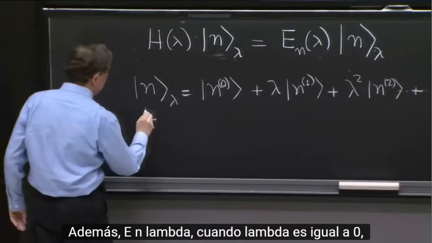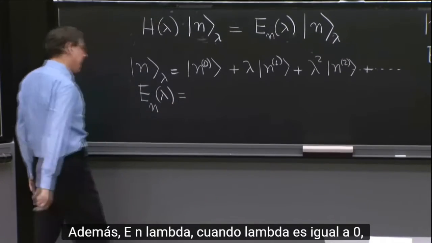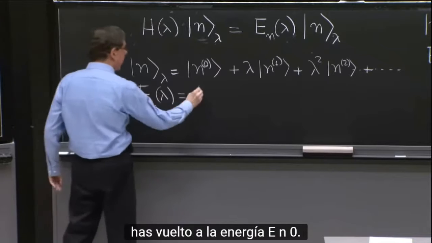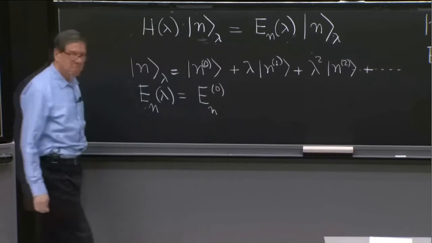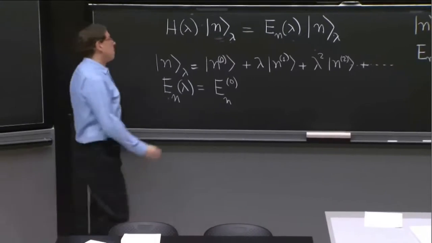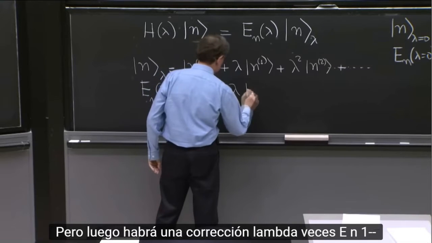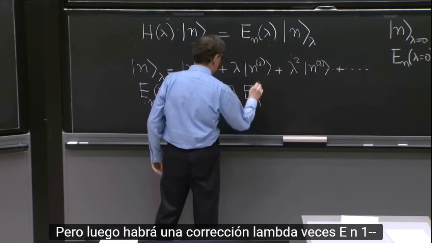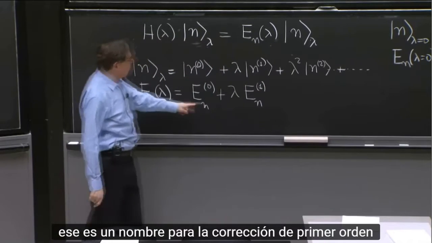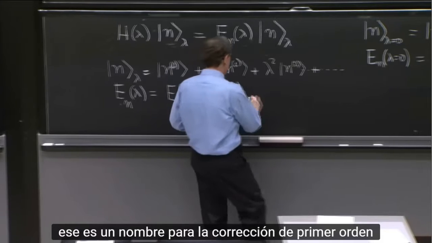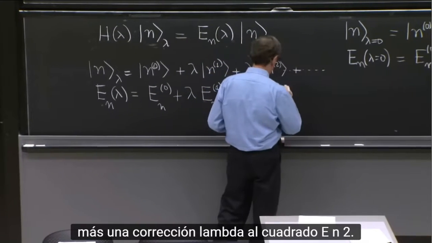Moreover, En of lambda, when lambda is equal to 0, you're back to the energy En0. But then there will be a lambda correction times En1. That's a name for the first order correction, plus a lambda squared correction, En2.